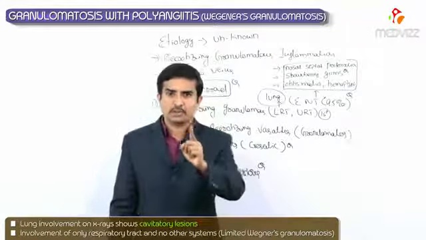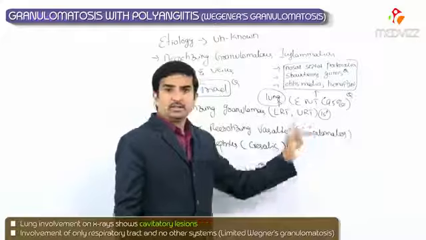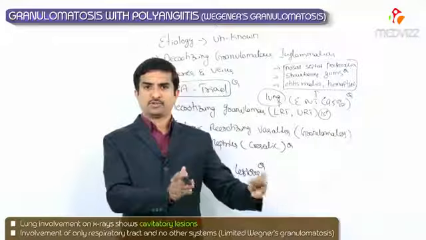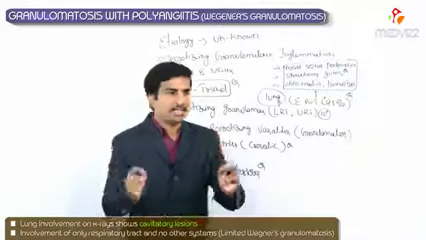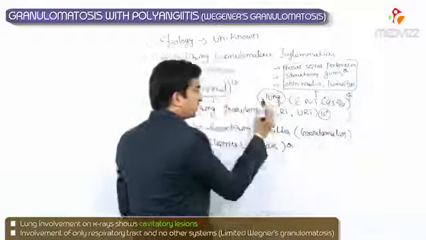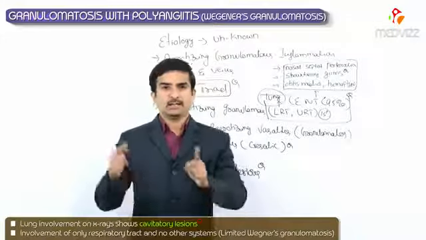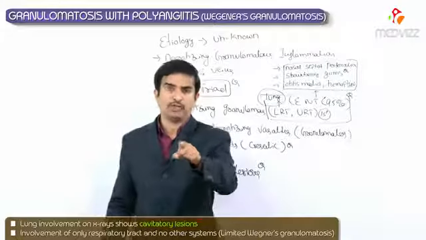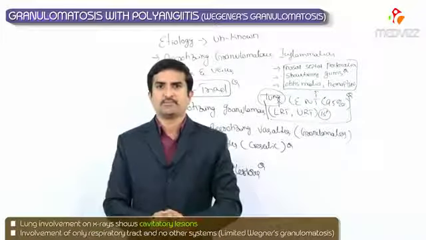You can see necrotizing granulomatous inflammation only in the upper as well as lower respiratory tract, not in other anatomical areas. Only in the most severe forms or later stages of the disease will you see involvement of the GIT or nerves or joints or other organs.